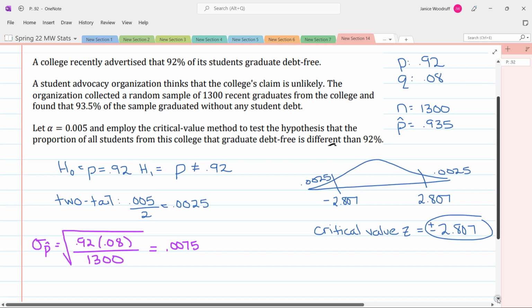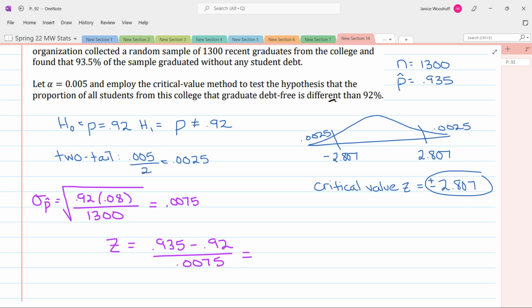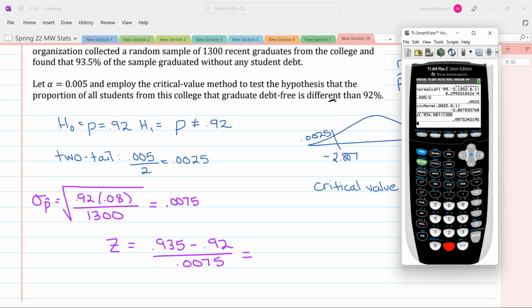Then I'm going to do my Z. So Z is going to be p-hat, which is 0.935, minus p, 0.92, over 0.0075. So 0.935 minus 0.92 over 0.0075, 2.